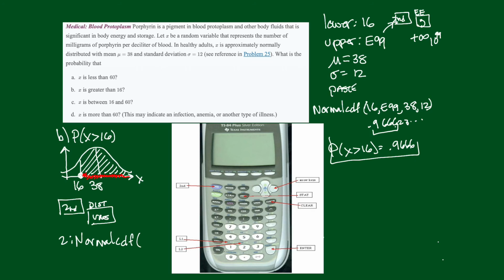All right, so if you randomly select a person, check their blood for porphyrin level, the probability that it will be greater than 16 is 0.9666, or about 96.7% of the population of all people will have porphyrin levels above 16.